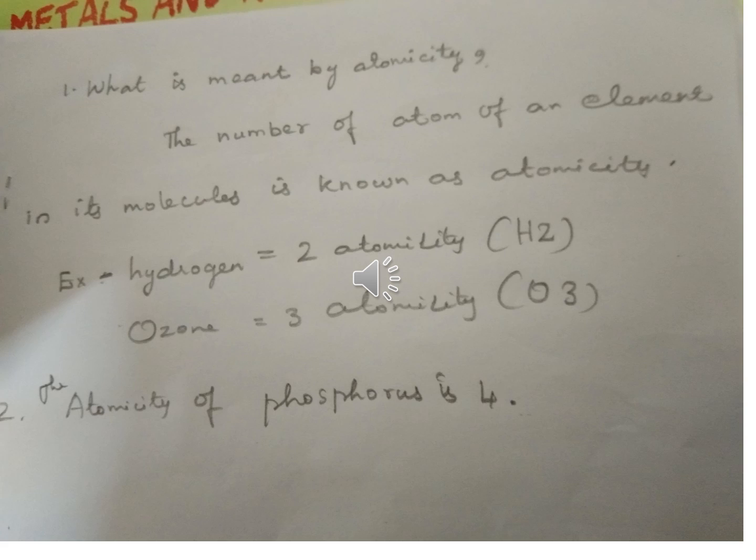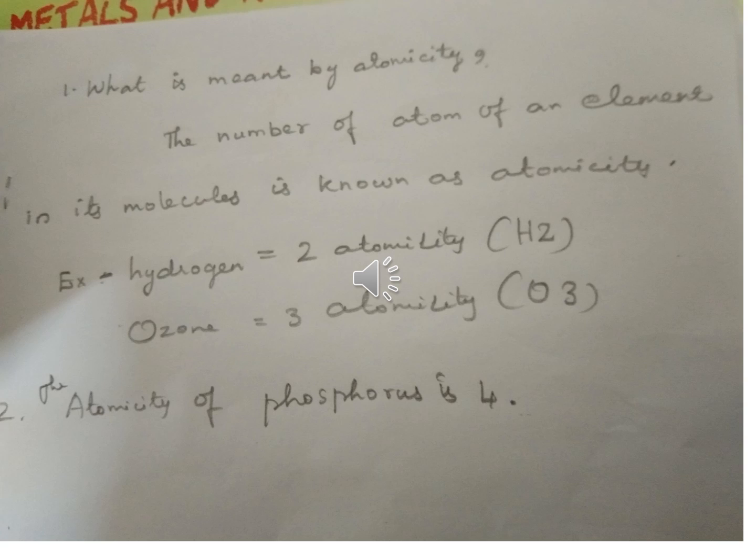Example, hydrogen is equal to 2 atomicity, within the bracket H2. Then ozone is equal to 3 atomicity, within the bracket O3. Okay, you write like this.